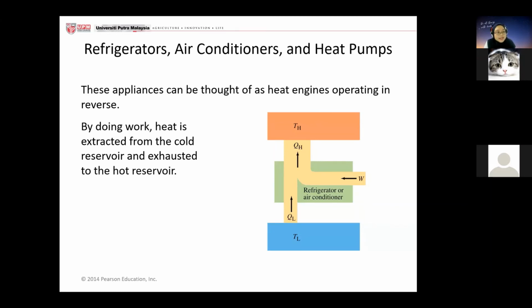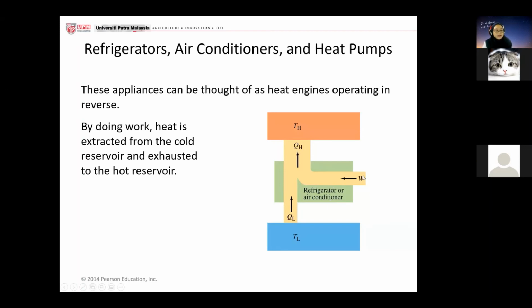If you want to freeze that, you put it in your freezer. What is going to happen is the heat is extracted from your water into the cold reservoir, and then you exhaust the heat to the hot reservoir. So it can be a refrigerator or an air conditioner. It works the same, very similar.